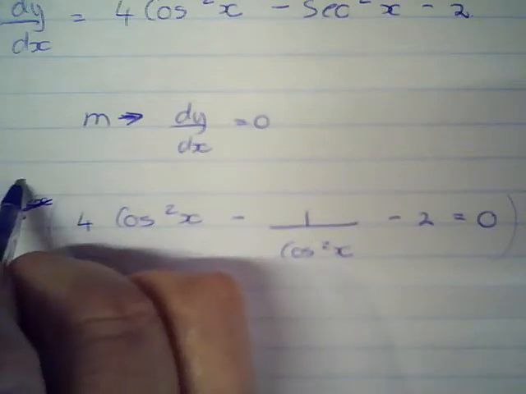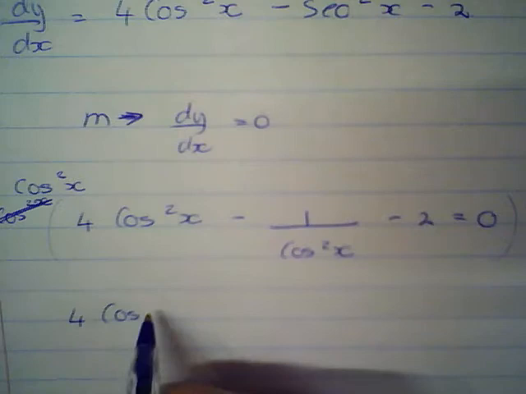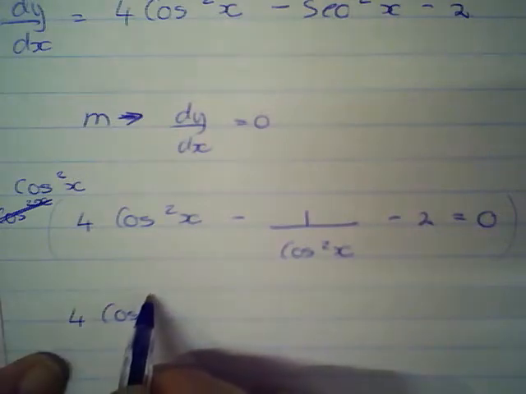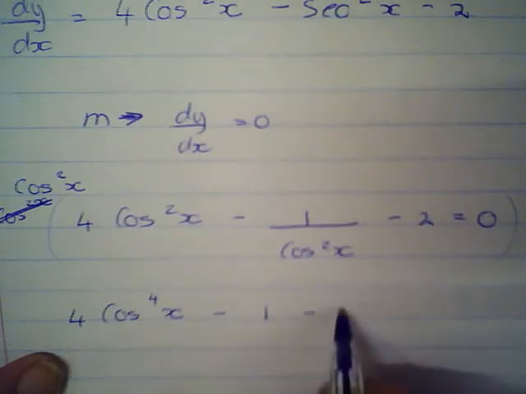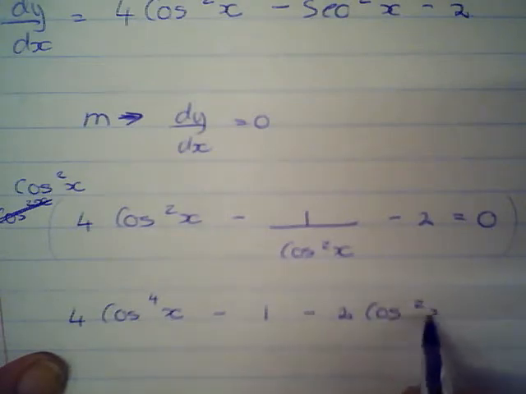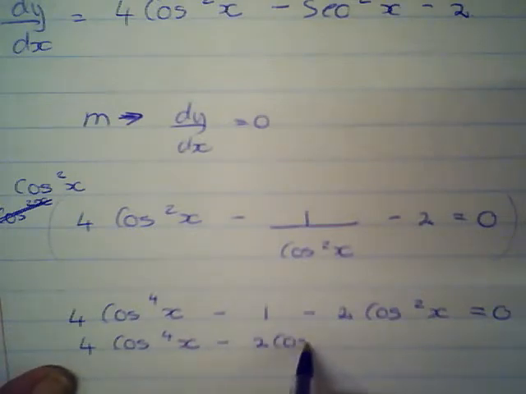Let me just rewrite that. 4 cosine to the 4th power x minus 1 minus 2 cosine squared x equals 0. This looks like a quadratic. So 4 cosine to the 4th power x minus 2 cosine squared x minus 1 equals 0.